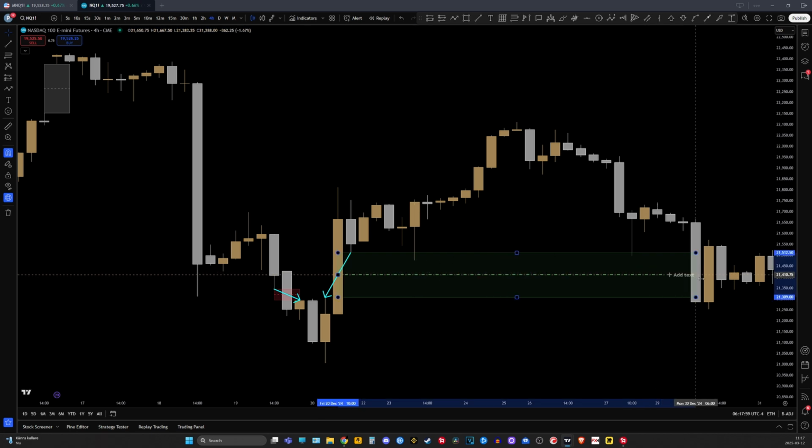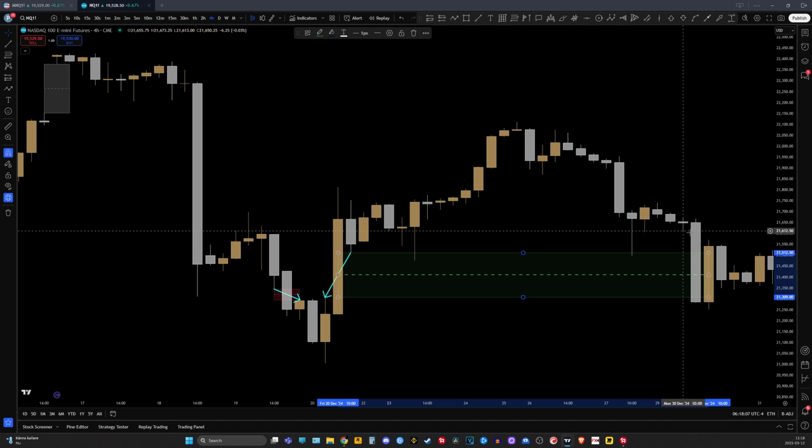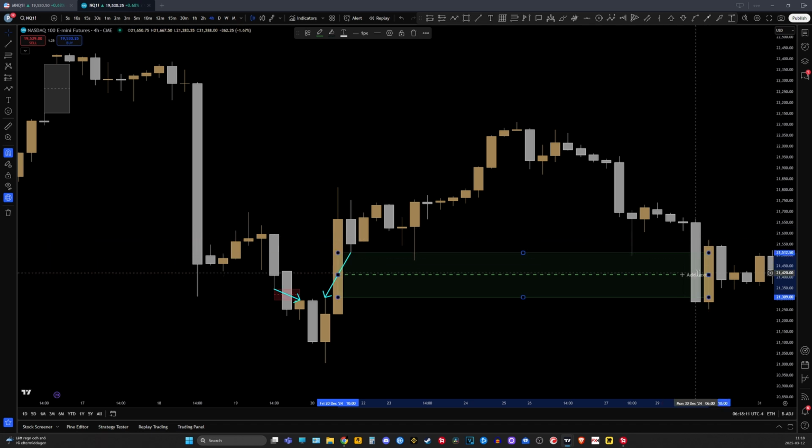But then on this third try, you can see that a strong candle comes down, actually creates a small fair value gap at its top there, which we can talk about in a moment. But the fair value gap gets closed completely through, not just the 50% level, but the entire thing. So now we have what we call an inverted fair value gap, or an inversion.